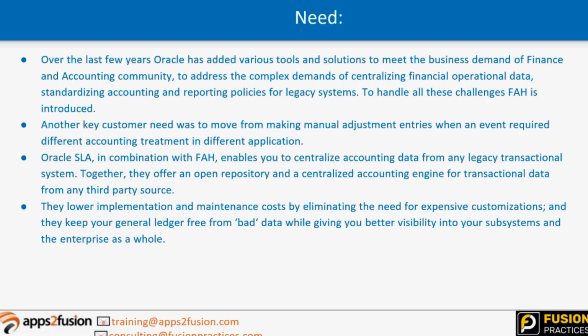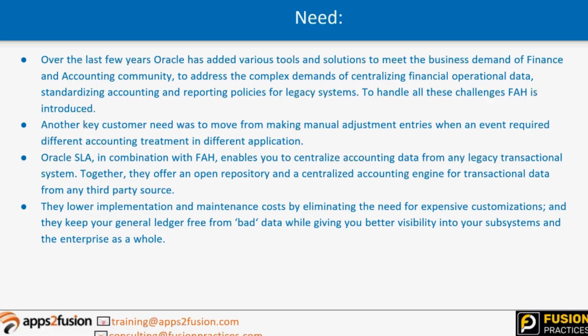Obviously your cost goes down, and you get the auditability feature. You can write your reports and you can see how many transactions in this particular period have come in. So if you have 100 lines that were extracted from your source system and 100 lines have reached your FAH or GL module, you can see all that information. You can write a lot of analytics on the standard chart of accounts attributes or segments.